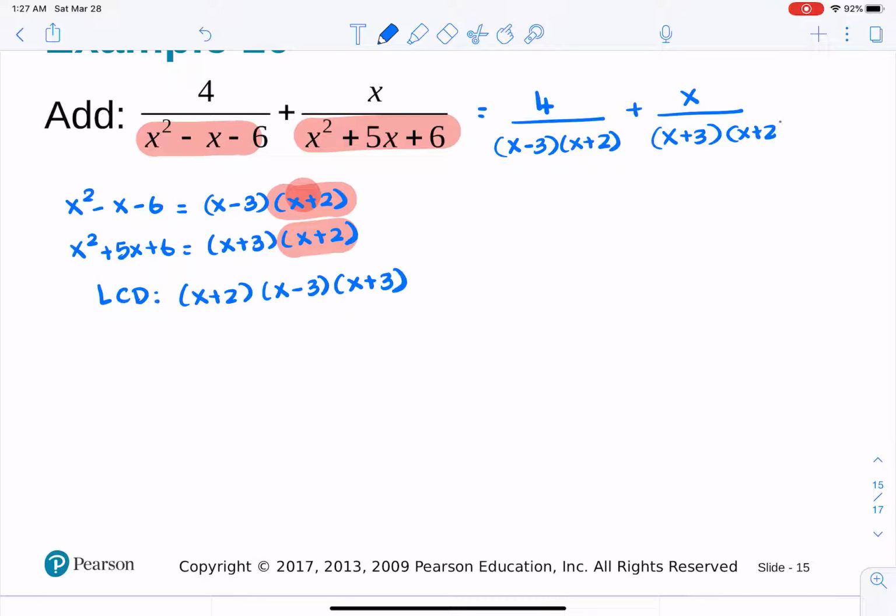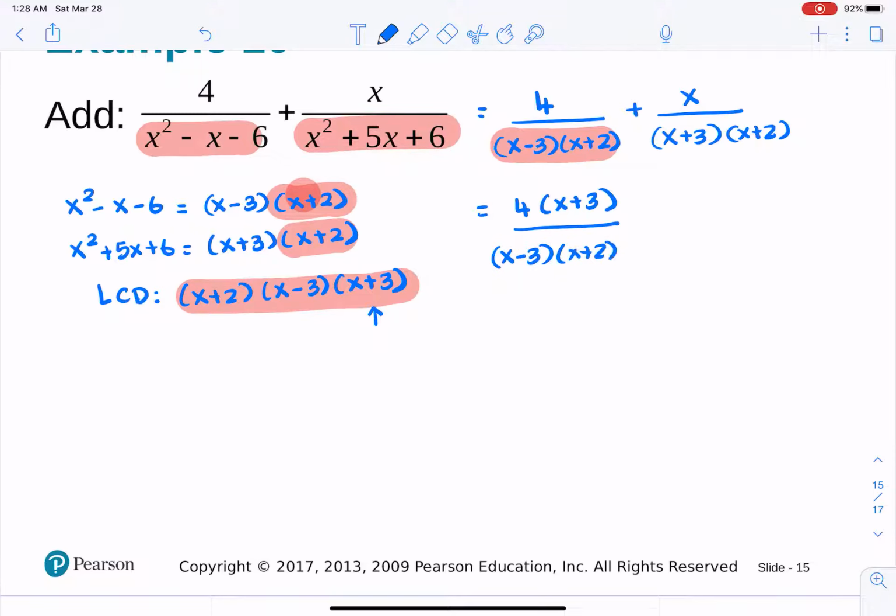Our objective is to convert the two denominators to look like the LCD. The first denominator here has x minus 3 and x plus 2. It is missing x plus 3. So I'm going to multiply and divide by x plus 3. So I have x minus 3 times x plus 2 times x plus 3.